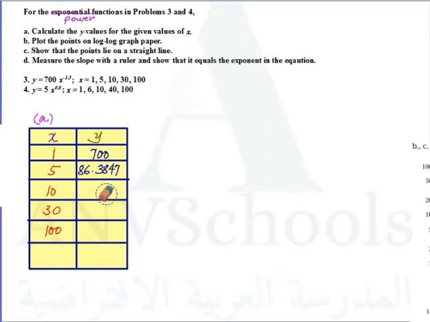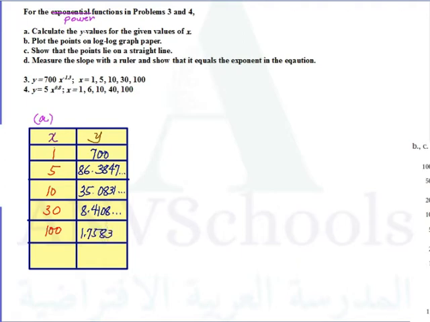This is supposed to be x is equal to 10. Okay, if x is equal to 10, that's 35.0831 for the y. Okay, if my x is 30, that's 8.4108 for the y. And if my x is 100, that's 1.7583.